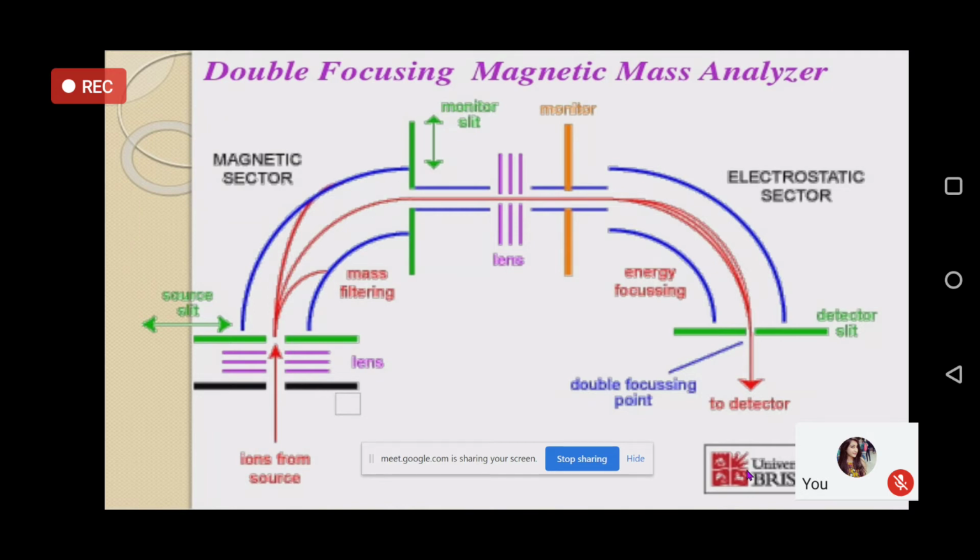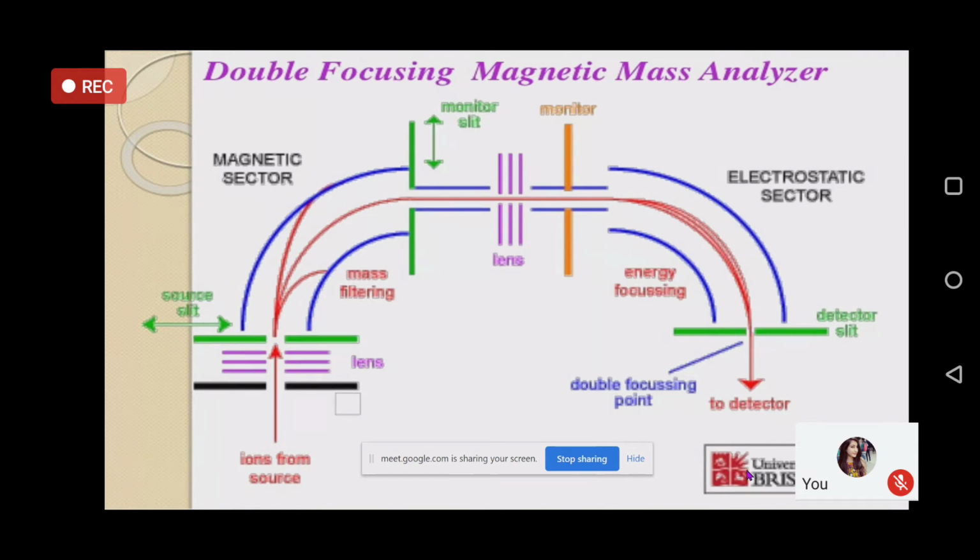So as the beam enters the electric field, we have in the system ions with different m/z and ions with different velocities. So it is quite possible that two different particles with different m/z may have the same velocity. That is one possibility.